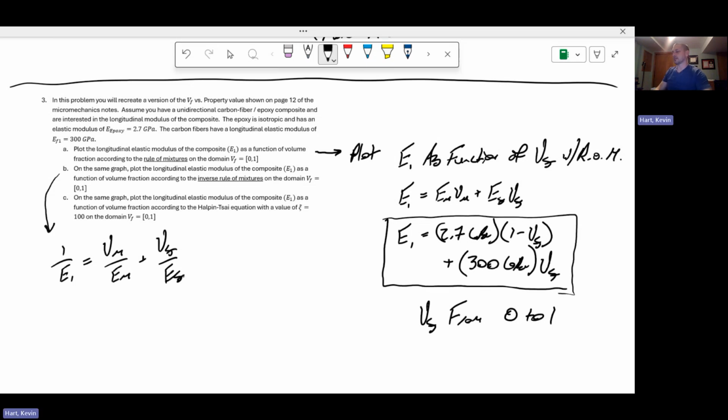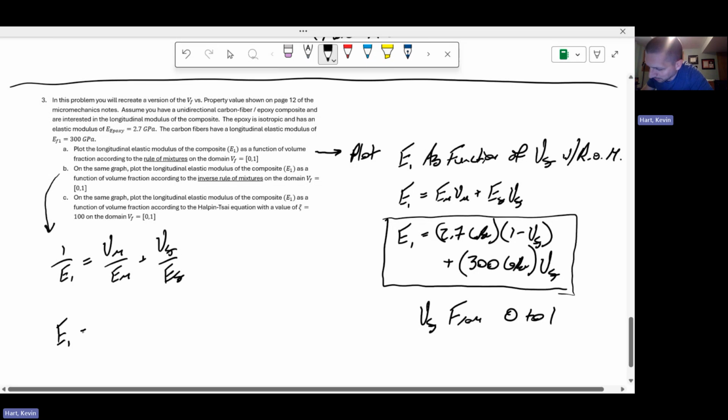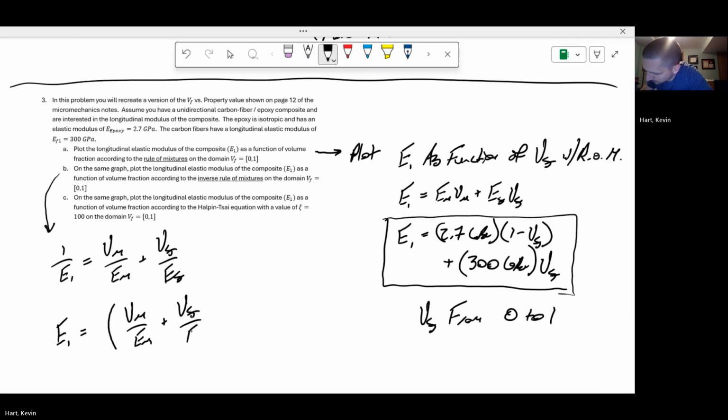If you want to invert this, it's probably better to write it this way if you're going to end up plotting it. So to the -1 power, we're just inverting this here.